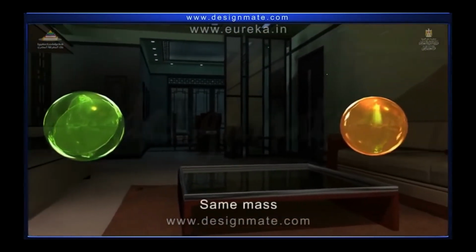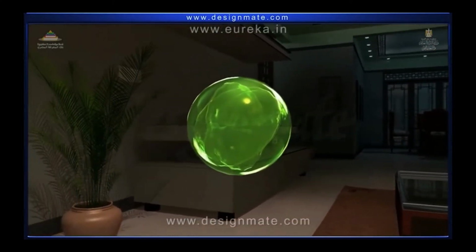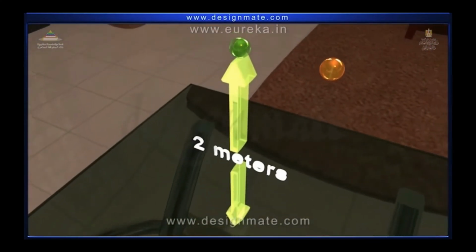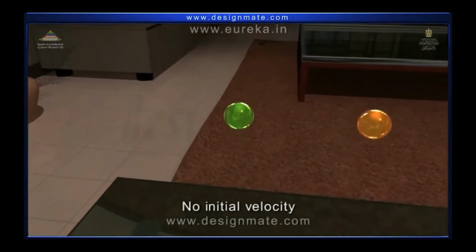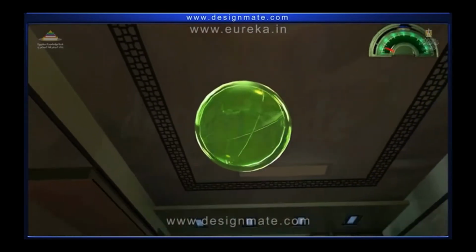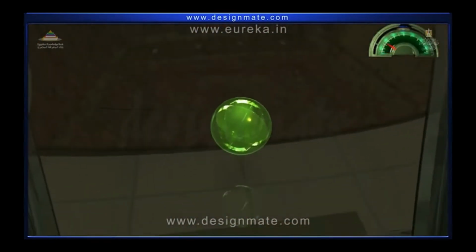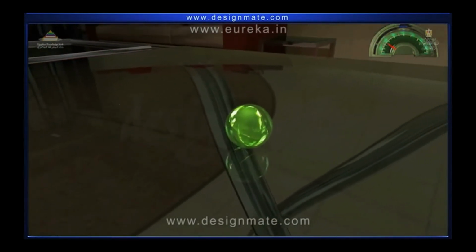Take two marbles with the same mass. Hold the first marble at a height of 2 meters above the glass top of a small table. The marble has no initial velocity. Release the marble. It attains a certain final velocity and hits the tabletop with some sound, but does not break it.